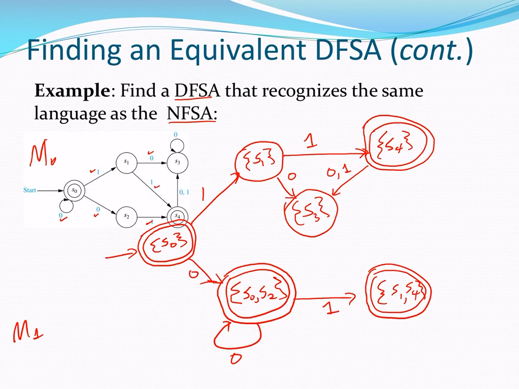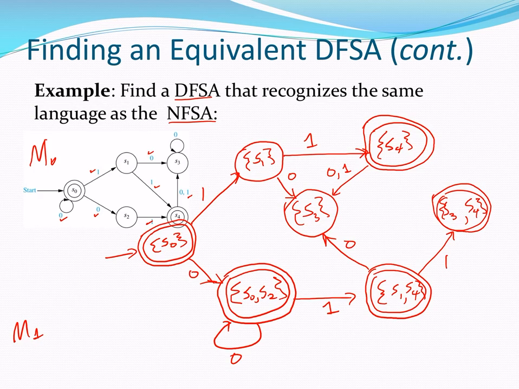If a 1 comes in to state 4, it goes to state 3. So I have to create a new state, S3 and S4. And it's a final state because it contains S4. And that's if a 1 comes in. If a 0 comes in to both state 1 and state 4, it goes to state 3. So that's already created.